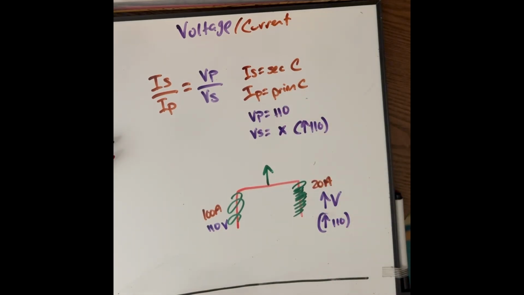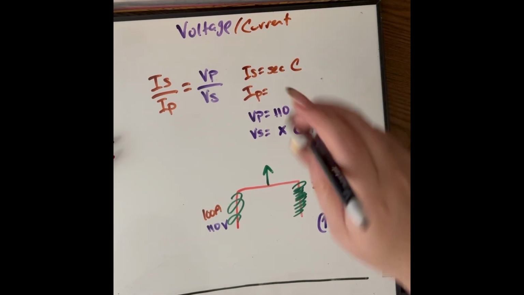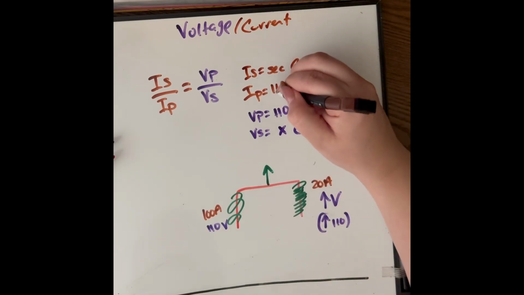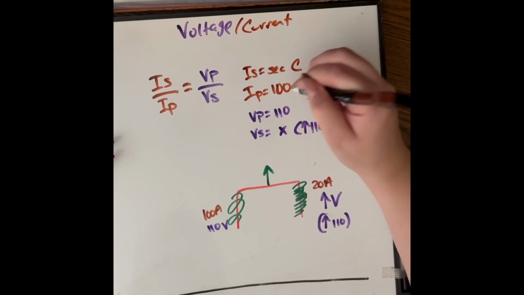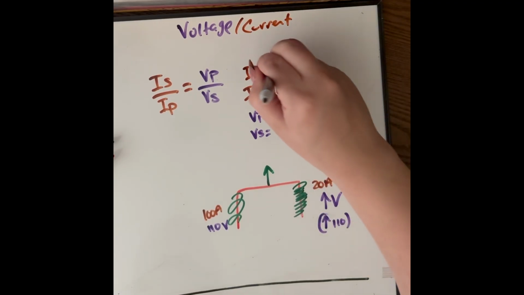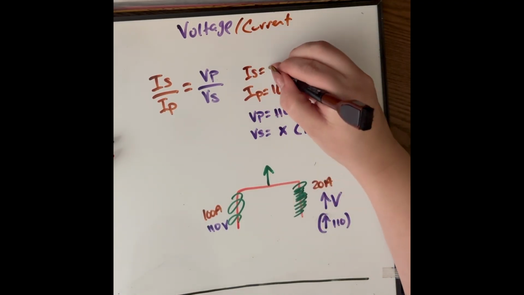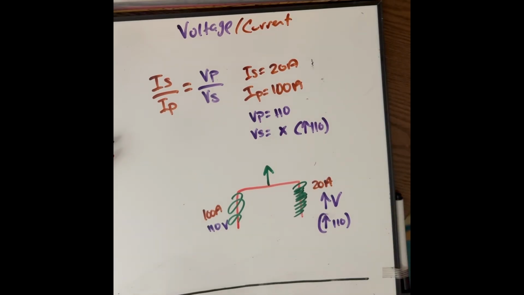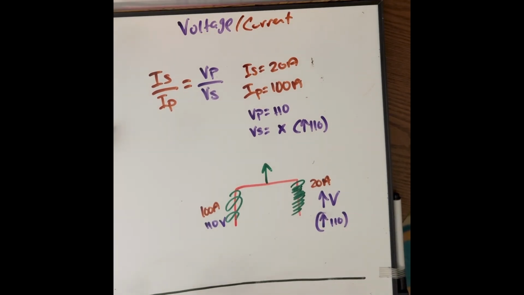Input amperage is 100, so that's my IP, and my output amperage is 20. That's my secondary. After I draw it out, draw it off to the side on your scratch paper, whatever you need to do. Right now, I'm going to erase this because it's going to get in my way and get on my hands. So this is how I would set this up.